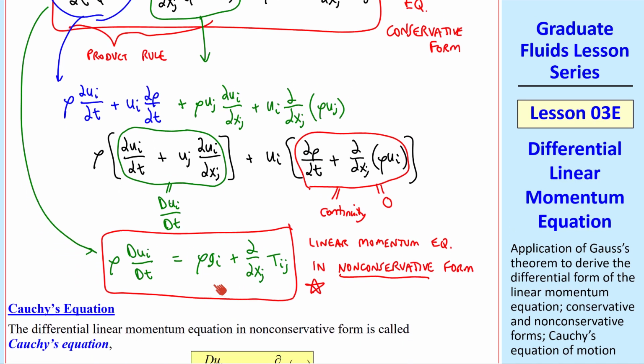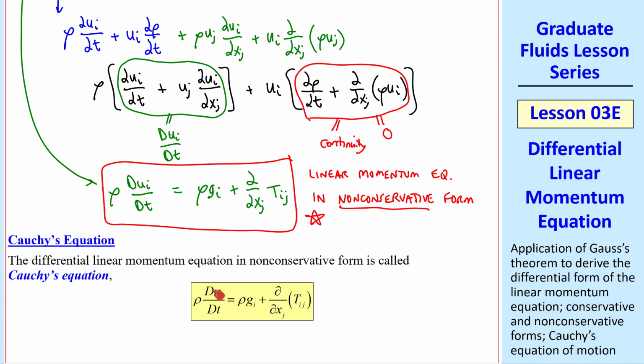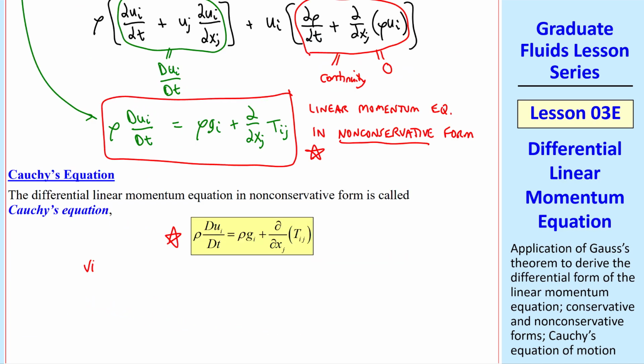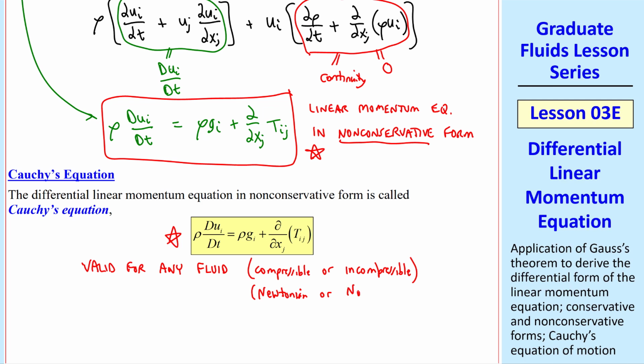This differential equation in non-conservative form is called Cauchy's equation, and I typed it up here. Cauchy's equation is valid for any fluid, compressible or incompressible, Newtonian or non-Newtonian, and even for solids. The distinction between these comes from this stress tensor.